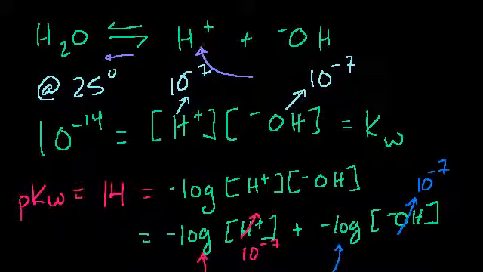But remember, water by itself only had a 10 to the minus 7 concentration. That was 1/10,000,000th of a mole per liter. Now we're throwing in one. What is that? We're throwing in 10 to the 7th, 10 million times as much hydrogen ions into that water. So all of this stuff just gets consumed.